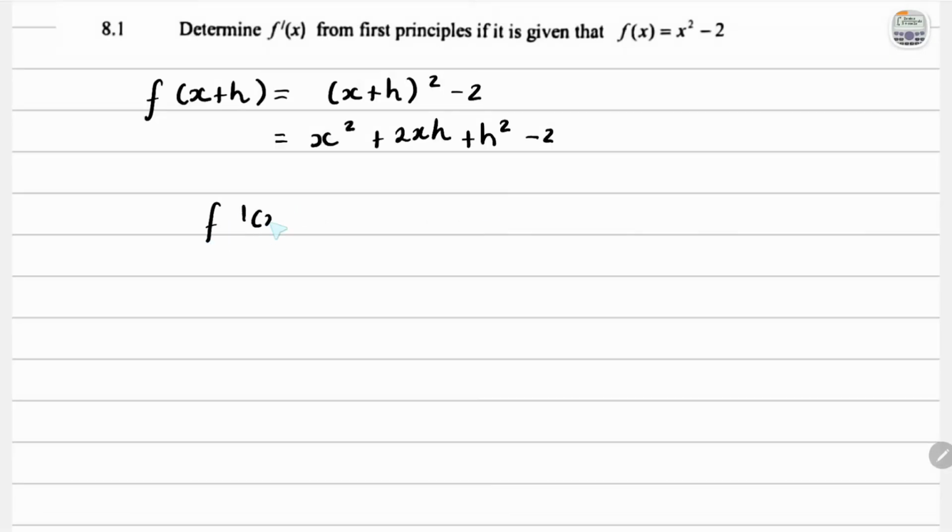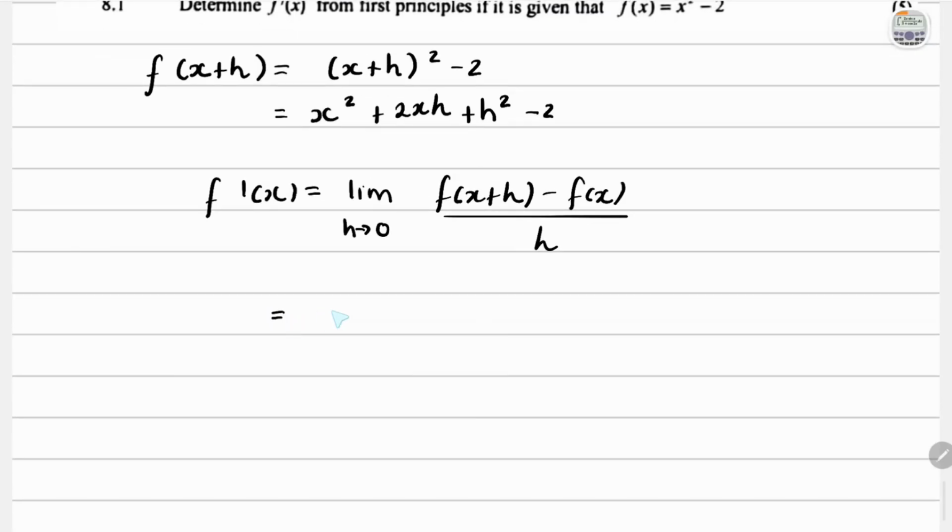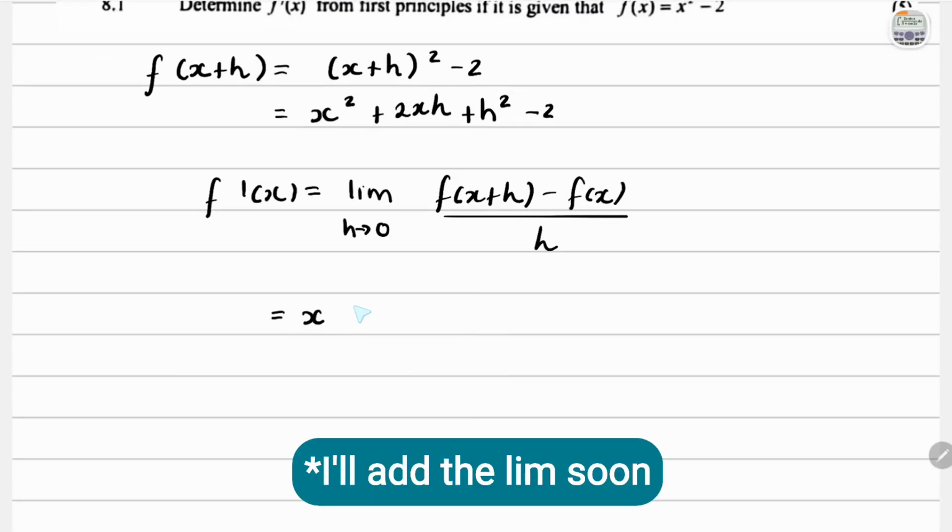So f prime of x is equal to the limit as h approaches 0, and we're going to go ahead and put f of x plus h minus f of x all over h. Okay, so let's substitute. The whole point is to make sure that the denominator does not equal 0.